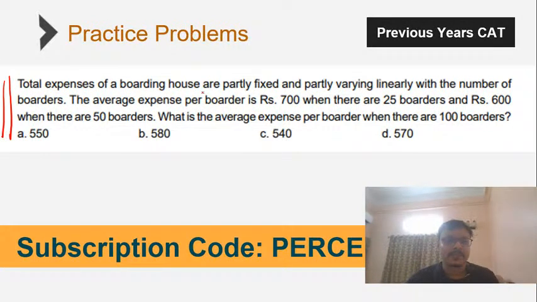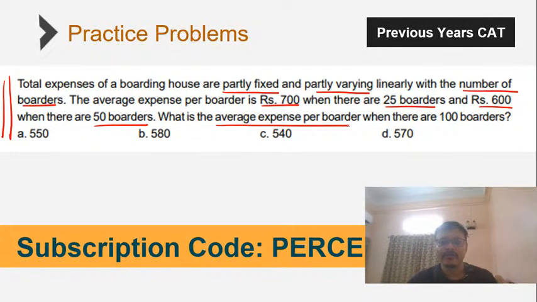Next one. So total expenses of a boarding house was partly fixed and partly varying with the number of boarders. The average expense per boarder is rupees 700 when there are 25 boarders, rupees 600 when there are 50 boarders. What is the average expense per boarder when there are 100 boarders?